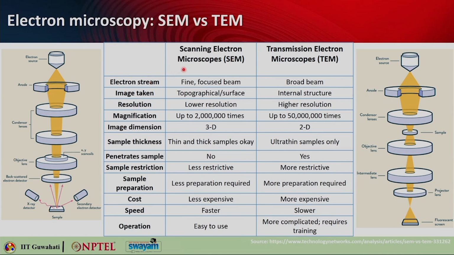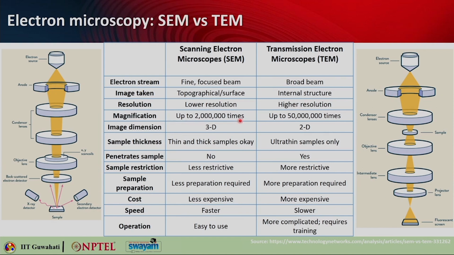So, if you compare SEM and TEM in terms of electron stream, SEM has got a fine focused beam, whereas TEM has got a broad beam. Images taken in SEM can be topological or surface images, whereas TEM can see the internal structure. Resolution wise SEM is lower and TEM is much higher.